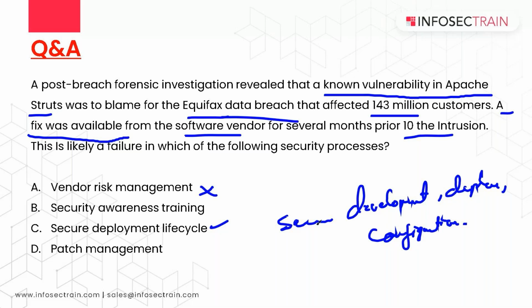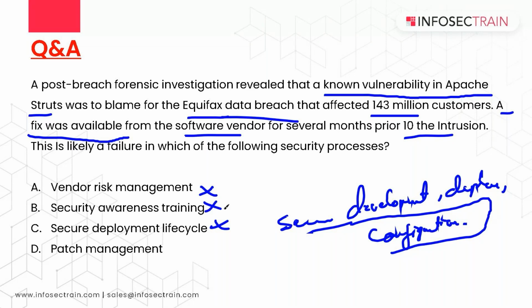This secure development process might have identified that particular vulnerability, but they were not able to address it, and later on they had already given the patch for it. So this is the secure development life cycle.